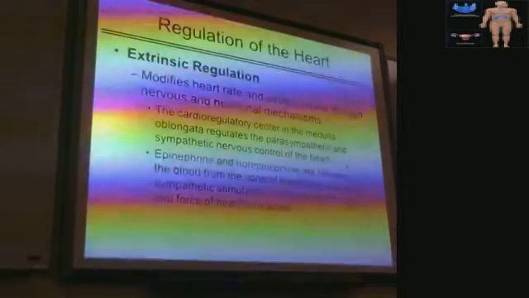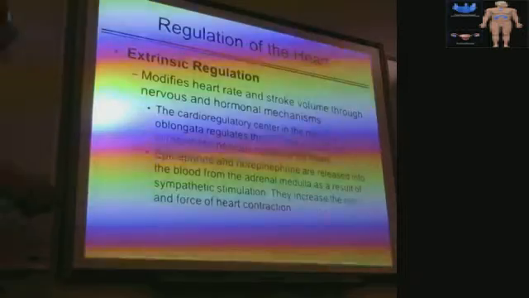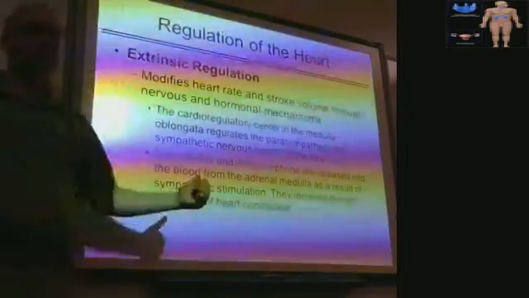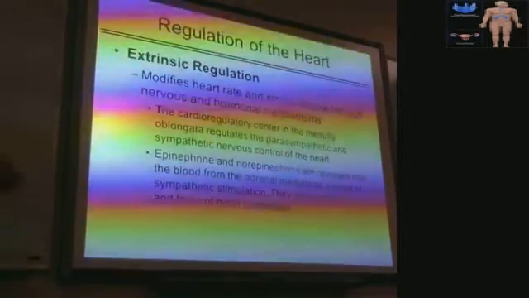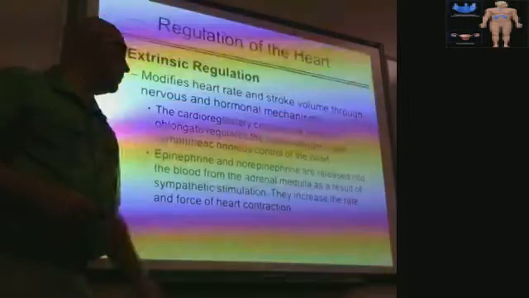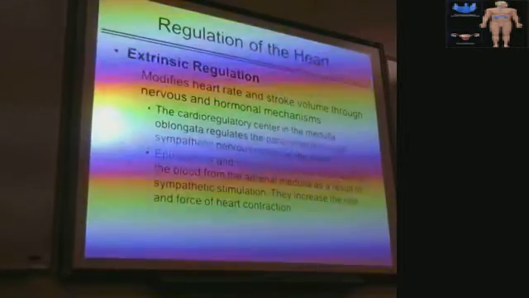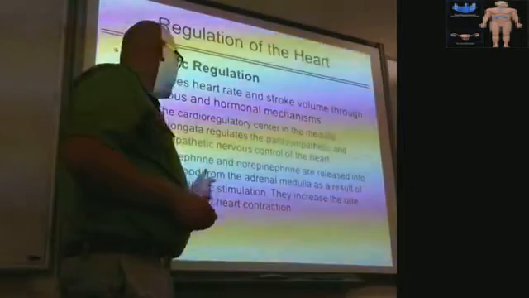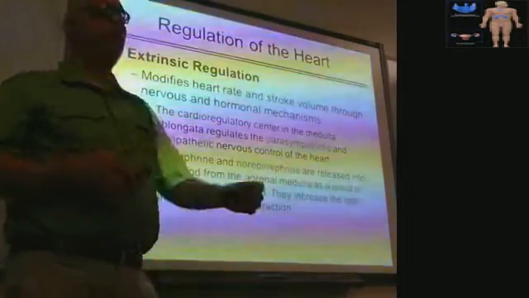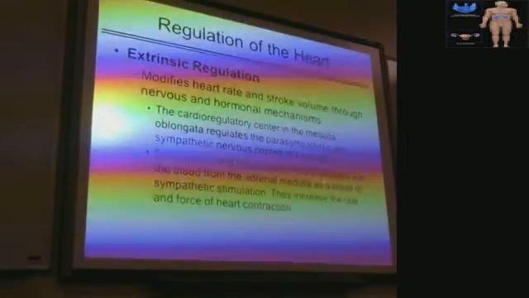They're released into the blood from the adrenal medulla as a result of sympathetic stimulation. Epinephrine and norepinephrine are part of the sympathetic pathway, and they increase the rate and force of the heart contraction.